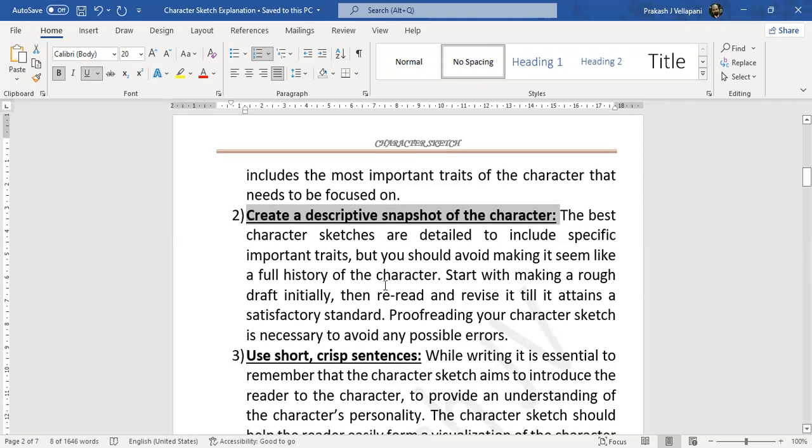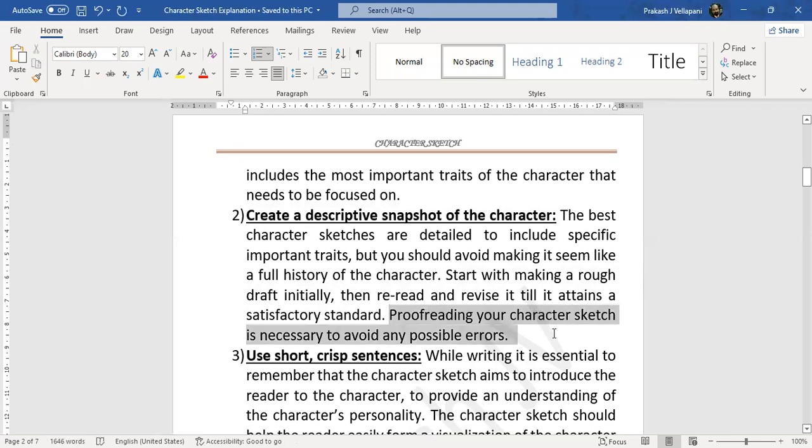Make a draft, just get a brief snapshot of the character: various features, characteristics, personality traits, emotions, how the character reacts in various scenarios, all of that.